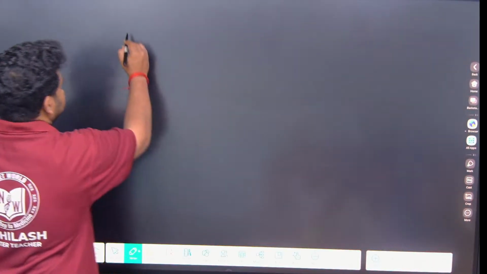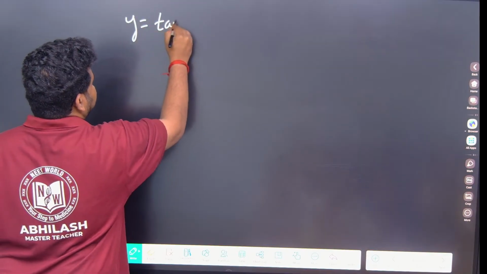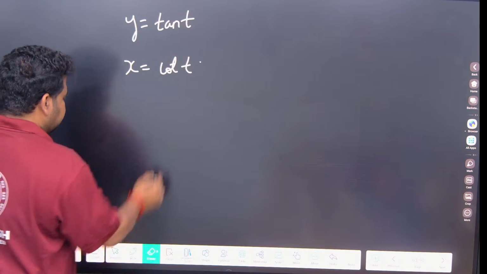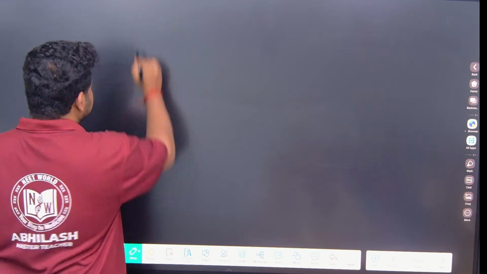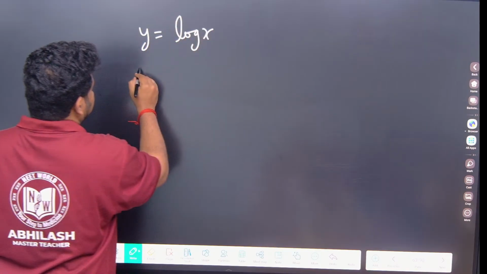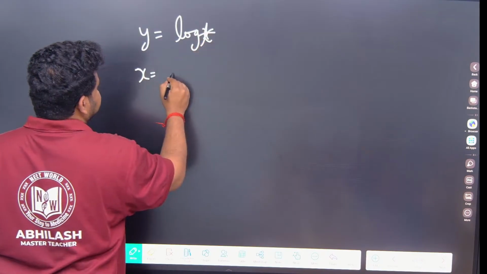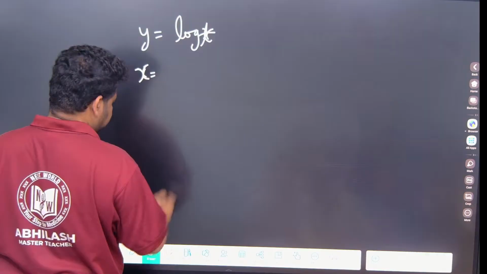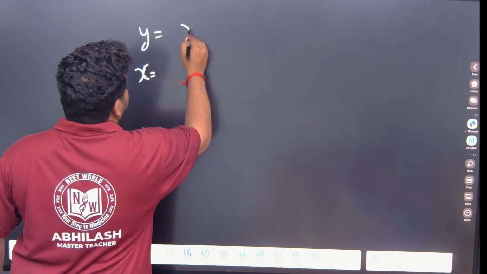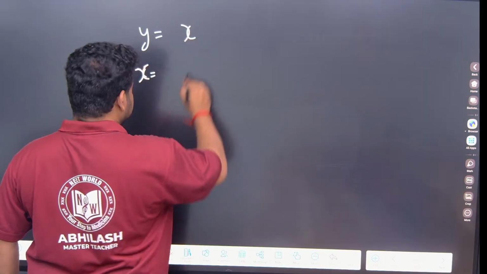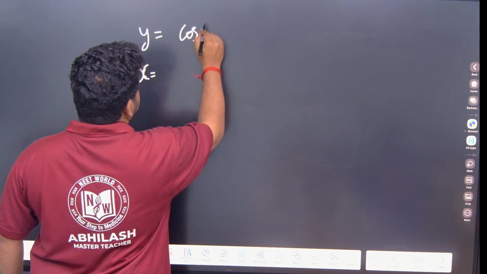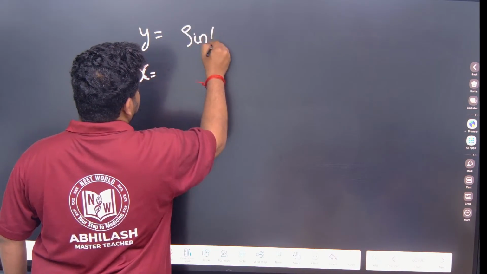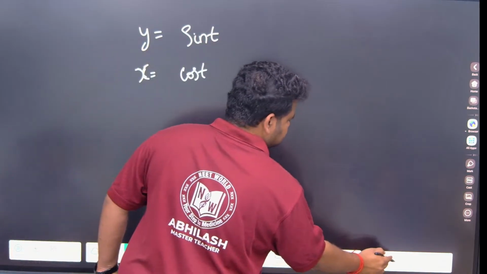If I take one more example, see here, y is given as cot t, and x is given as cos t.